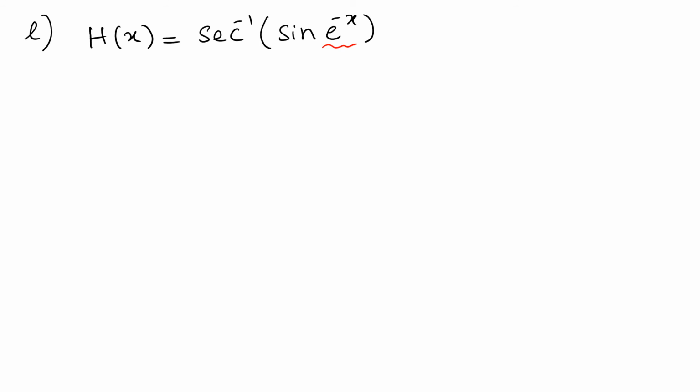Okay, so we need the derivative of the secant function, and let's recall that. So we know the derivative of the secant inverse is 1 over absolute value of x, times the square root of x squared minus 1. So you may have used a version without the absolute sign.